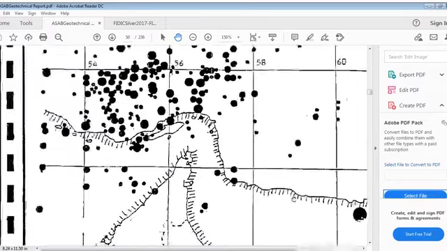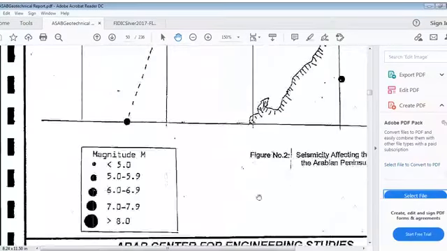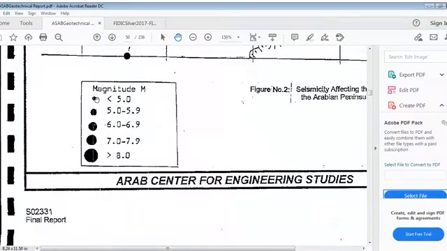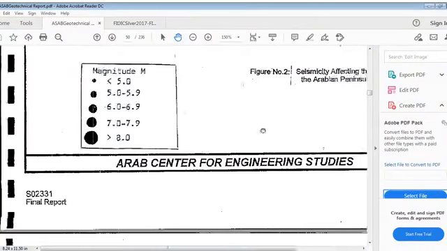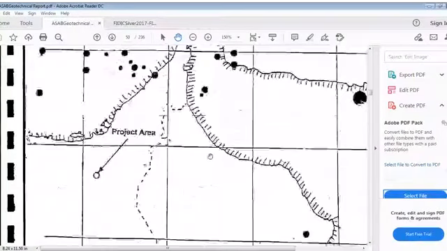So let's go down further. The smallest magnitude shows less than 5, further bigger shows 5 to 5.9, then 6 to 6.9, some 7 to 7.9, and then greater than 8. Seismicity affecting the southeast region of the Arabian Peninsula.